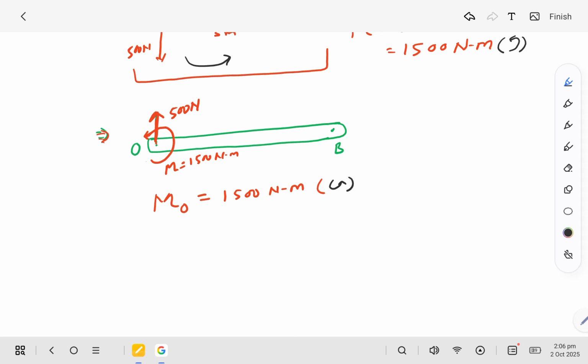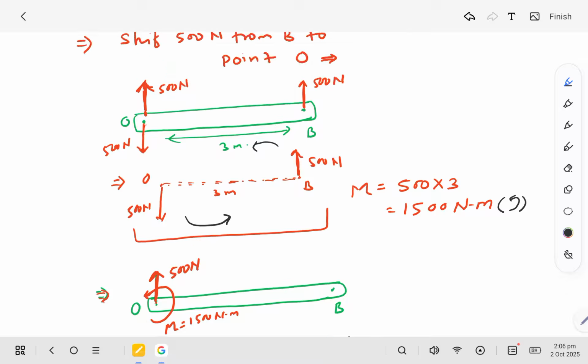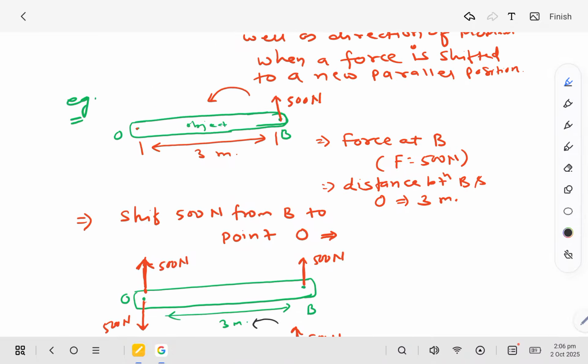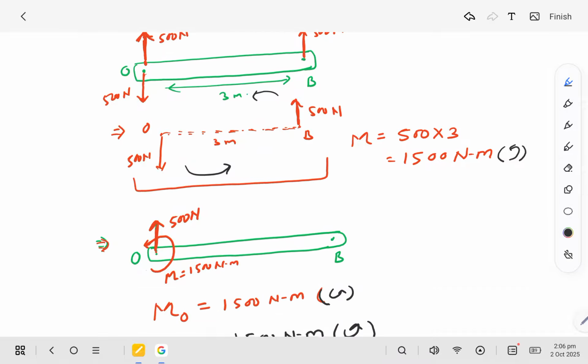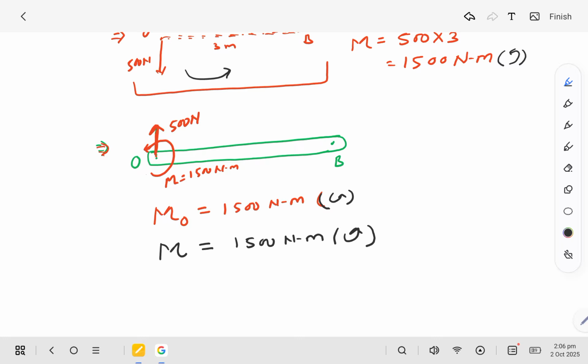And the moment of the couple is also 1500 Newton meter, also anti-clockwise.